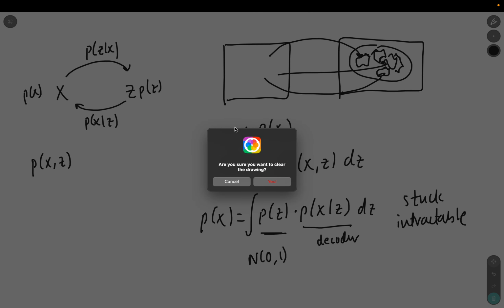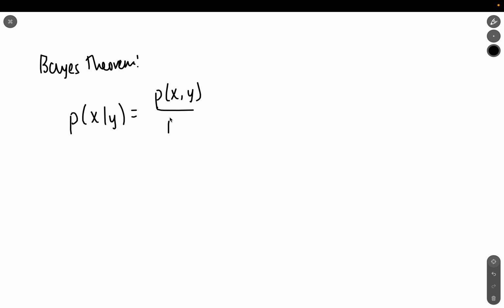So let me clear the whiteboard. I want to remind you of Bayes' theorem, and let's do a quick proof of it. The way I like to think about it is p of x given y: what's the probability of x given y? It's the probability of x and y occurring divided by the probability that y has already occurred. Now, the probability of x and y occurring is the same as the probability of y and x occurring.